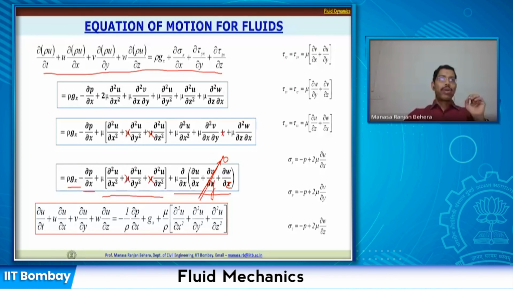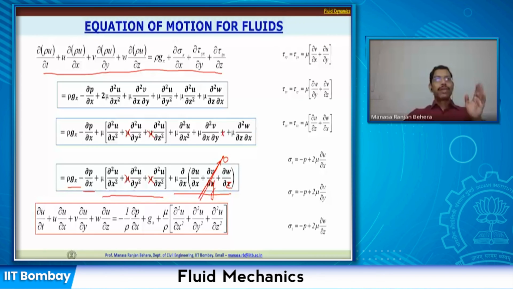So we can write ∂u/∂t. Here we have taken the rho out, so we divide by density again. We had already divided by the volume, so now per unit mass, this is acceleration per unit mass.